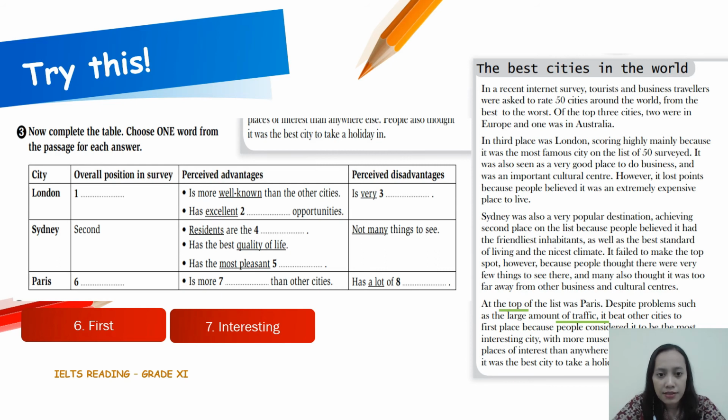We can see in the text that Paris has more interesting places than the other cities. And the last one, blank number 8, on the other hand, Paris has a lot of traffic. So this is how to do the table completion section in IELTS.